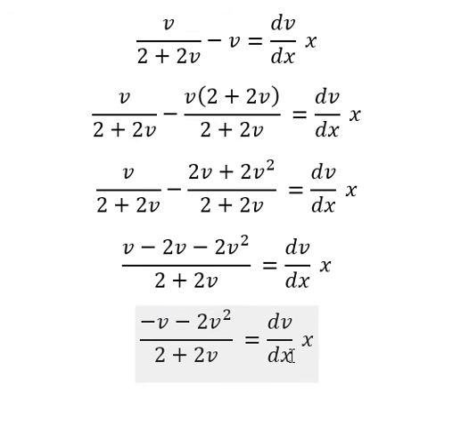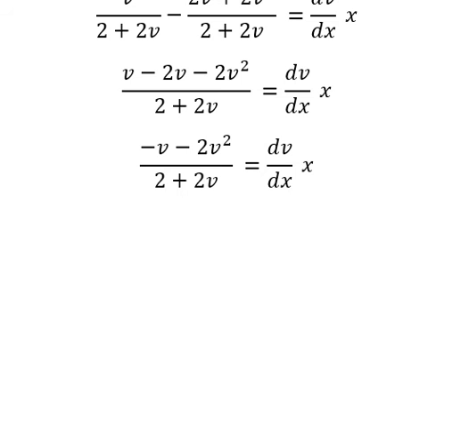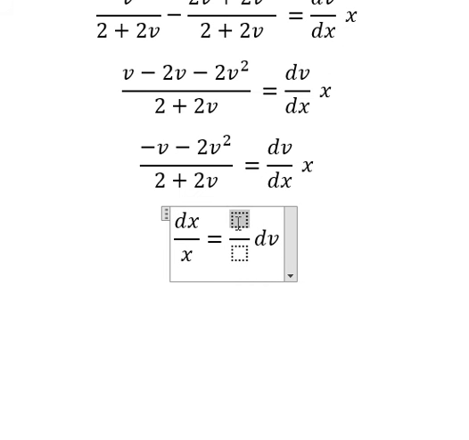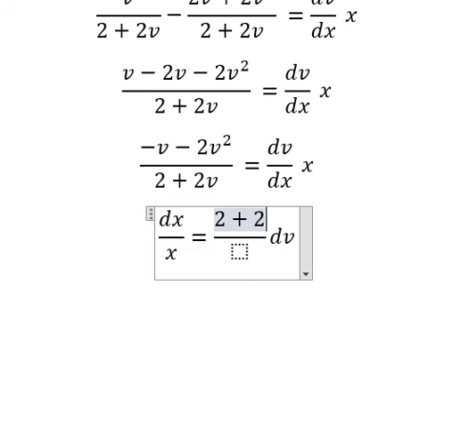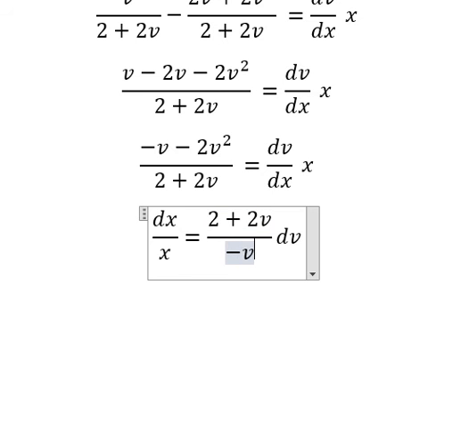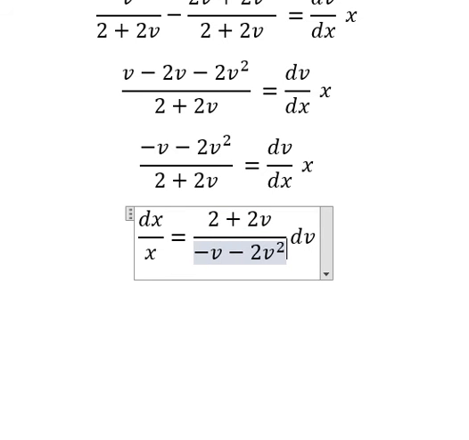Now s ds will go to the left, this one will go to the right. And we get ds over s equals dv, we put in here, and we get 2 plus 2v over negative v, negative 2v squared.